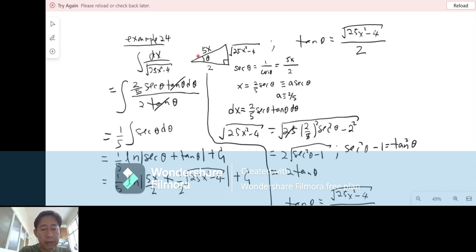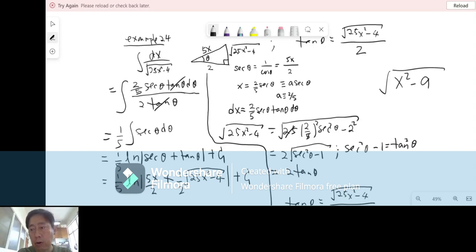Putting everything together, you arrive at the integration of example 24 in terms of x. So this has completed our discussion of performing integrations that involve a denominator in the general form of a square root of x squared minus a constant a squared.